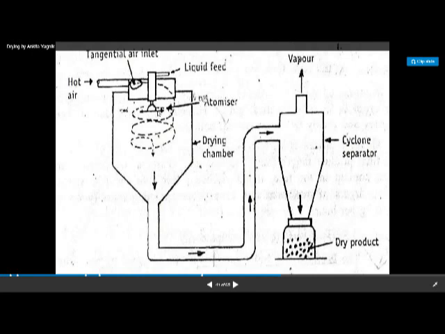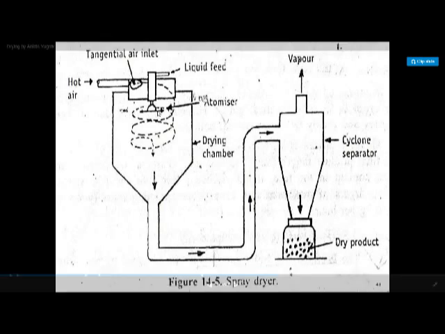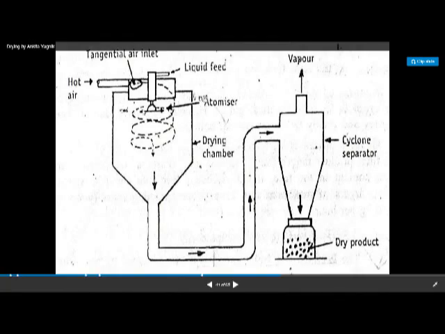And these fine tiny droplets are thrown against the hot air. You can see here the hot air is introduced here. In this complete drying chamber there is hot air, and the atomizer rotates at a very high speed, and these fine droplets are thrown against the hot air, and these droplets are very minute.